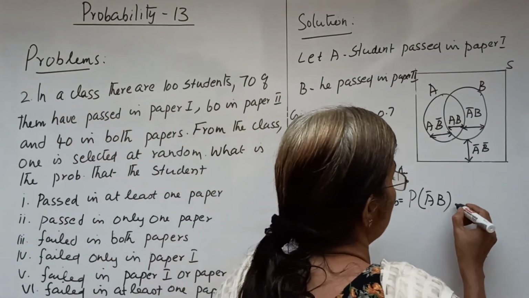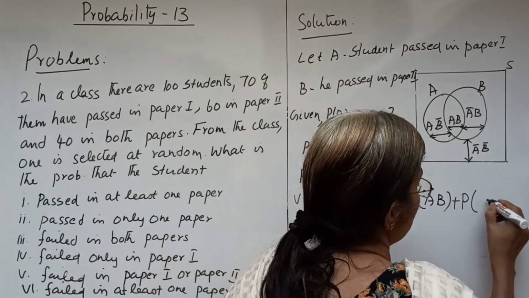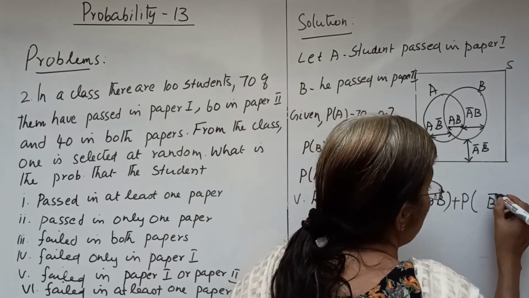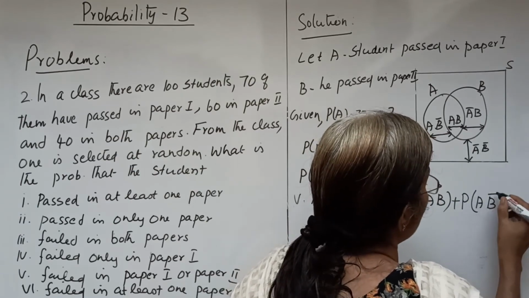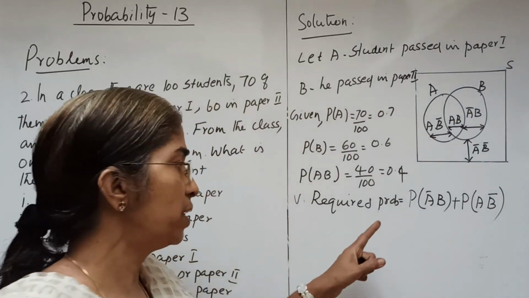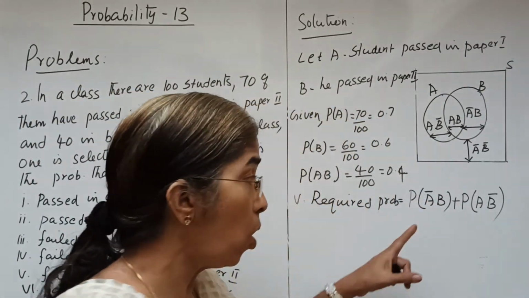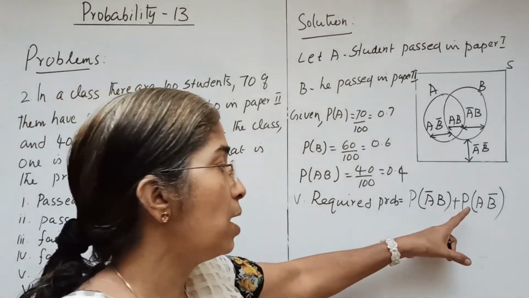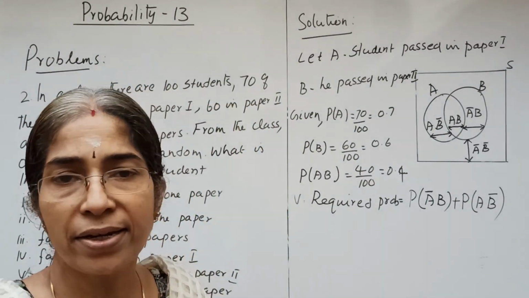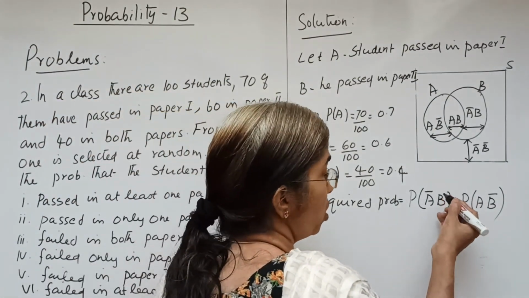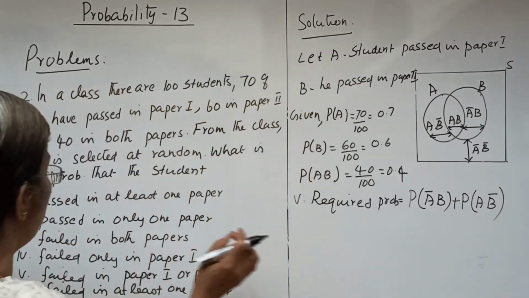Or what is the other case? He failed in paper 2 but he passed in paper 1. So it is P of A bar intersection B plus the other one, P of A intersection B bar. So already we have obtained this probability.